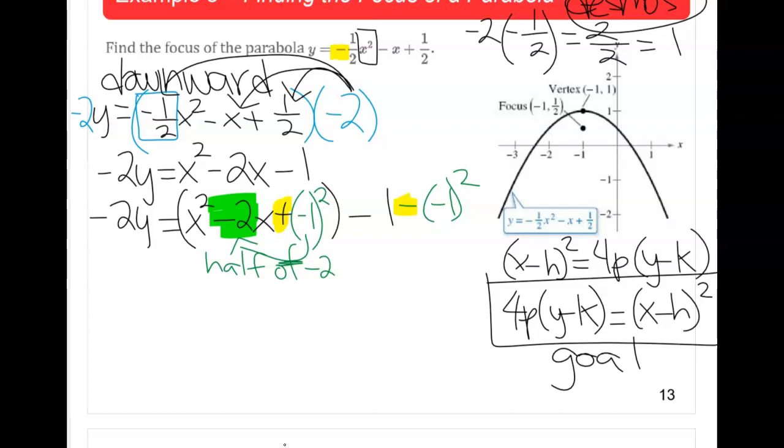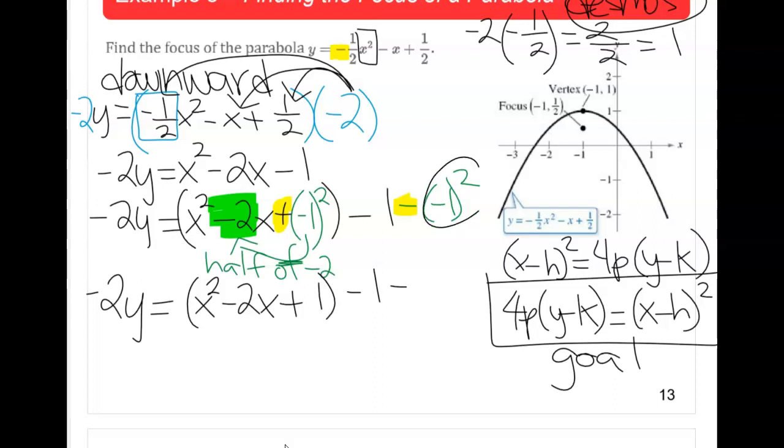So I'm going to keep simplifying this. So -2y is equal to x squared minus 2x plus 1. Remember that -1 squared is +1. Then here we will have -1, and then minus, and then we have here -1 squared is +1, but we had this negative because we had to subtract that number.